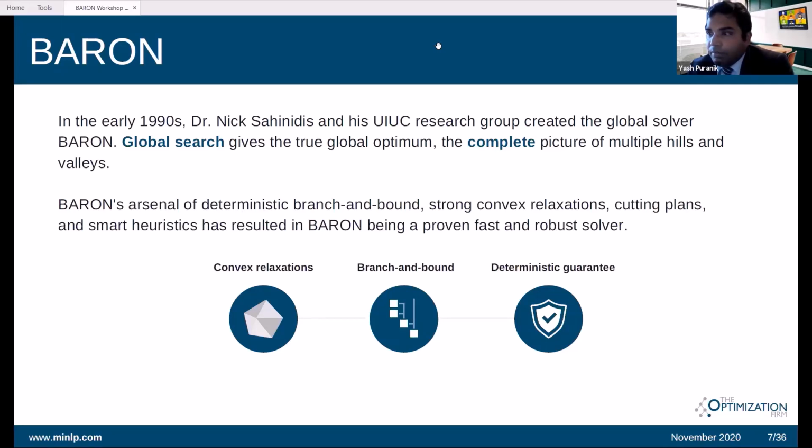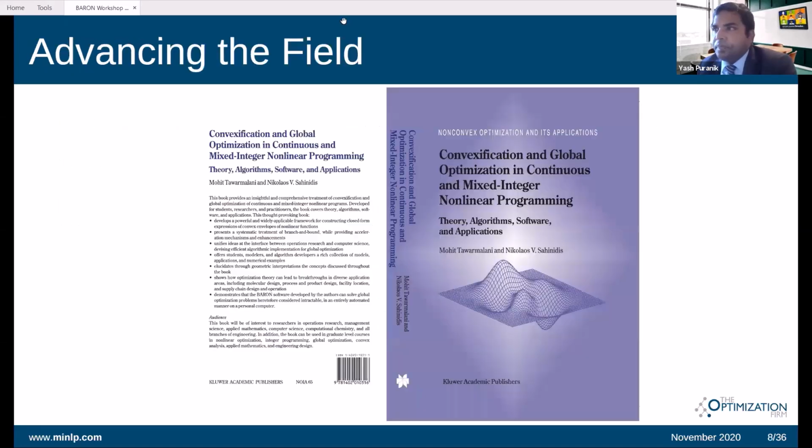But to make sure you get deterministic guarantees, to make sure that you efficiently find the global optimum, you can't just be throwing balls around wherever you feel like. So that's what the branch and bound with Barron actually does with its strong set of convex relaxations, with smart branching and bounding rules and cutting planes and so on. Barron is able to do this efficiently. That's what makes it one of the best solvers currently.